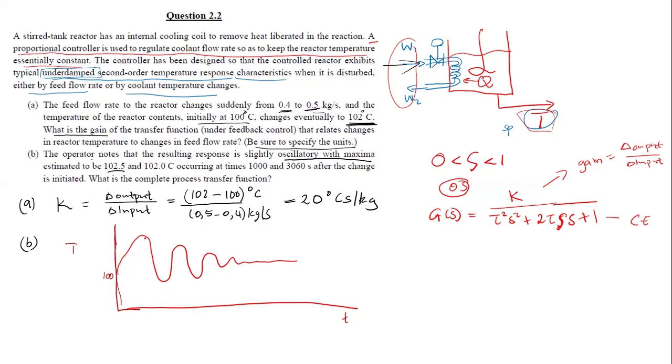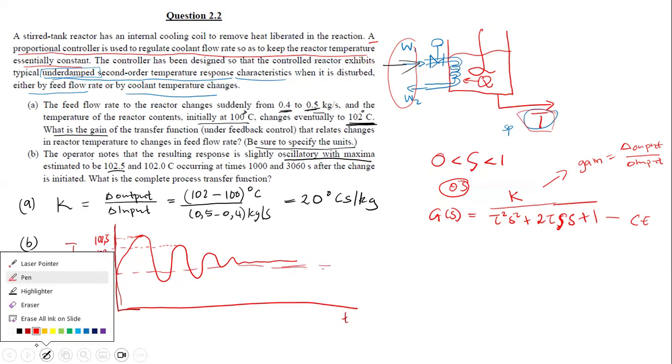So now what's happening over here is that at this first peak, the temperature will be 102.5. And then at the second peak, our temperature will be 102, which is our set point over there. This is what is happening.